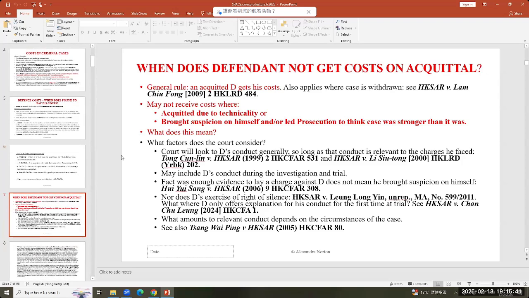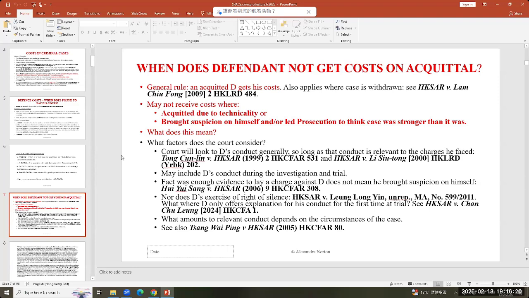Now, it's important for us to understand when an acquitted defendant may not get his costs. General principle, he gets his costs. But if the defendant is acquitted, but he's only acquitted on a technicality, or because he has brought suspicion upon himself and or led the prosecution or police to think that the case against him was stronger than it was, in other words, he may not have told the truth, then he may be deprived of his costs. So the leading case is this Court of Final Appeal decision in Tong Koon Lin.